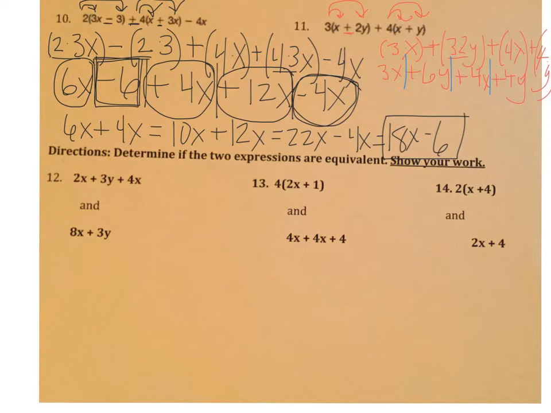I'm going to give my x a circle, so 3x and plus 4x. I'll give my y's a box, so plus 6y plus 4y. And I'm going to go ahead and combine. So 3x plus 4x will give me 7x. And 6y plus 4y will give me 10y, so I'm going to add on 10y. I can't combine those two, so that is in simplest form.